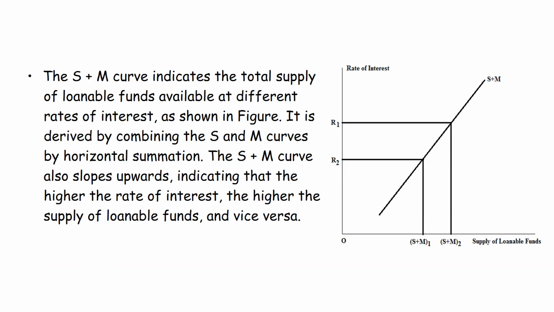So, in this figure, S plus M indicates the total supply of loanable funds available at different rates of interest. It is derived by combining the S and M curves by horizontal summation. So the S plus M curve also slopes upwards, indicating that the higher the rate of interest, the higher the supply of loanable funds, and vice versa.